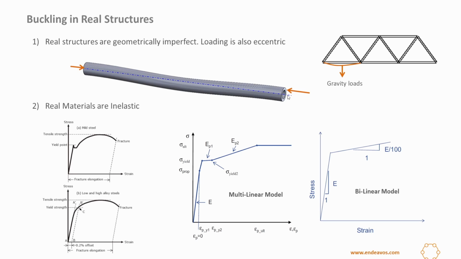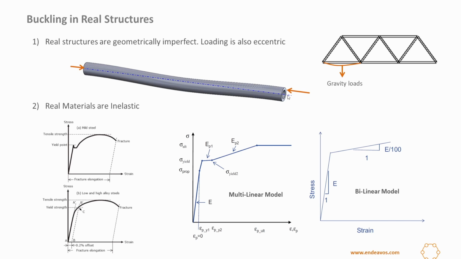So a tube is perfectly straight. When we get to the drawing part, that's where we mention manufacturing tolerances. But in a real structure, there are going to be manufacturing inaccuracies. The structure is going to be bent slightly. Even that slight amount of bend is going to impact buckling.